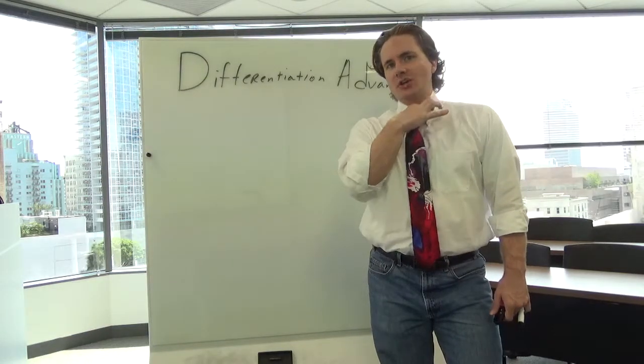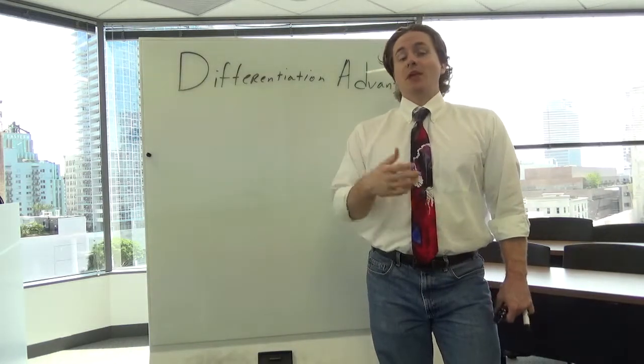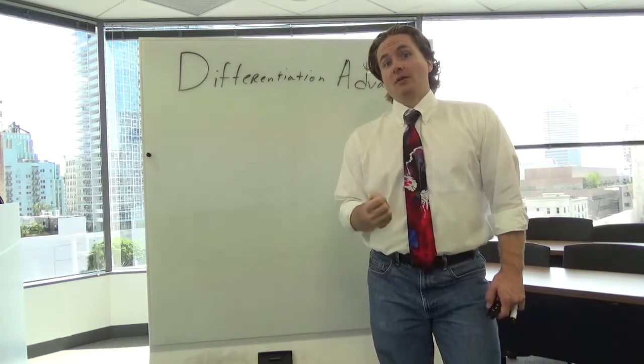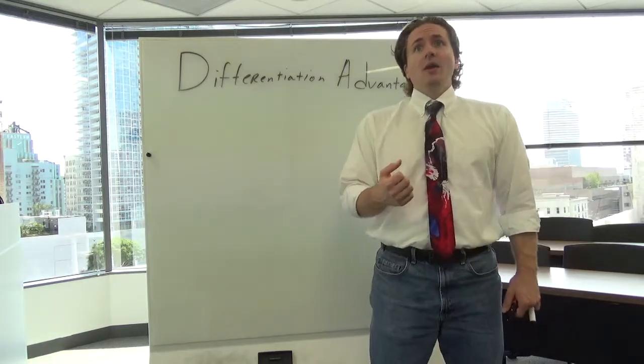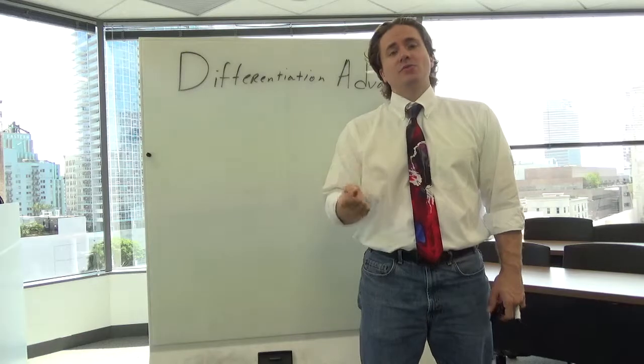Cost leadership can generally be more vulnerable to unpredictable forces. Think about, for example, a new developing country that may start becoming a low-cost producer and threaten your cost advantage. A lot of firms that have cost leadership operate in industries with very low margins.